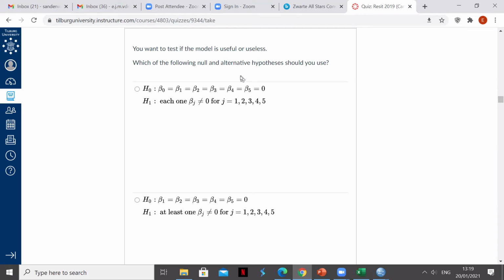The model can still be useful if beta 0 is 0. Because if your minimum wage, for example, would be 0, and the rest, like beta 1, for your age or education would be non-zero, then you could still have a useful model. So this one is wrong, because this includes beta 0, and you don't need beta 0.